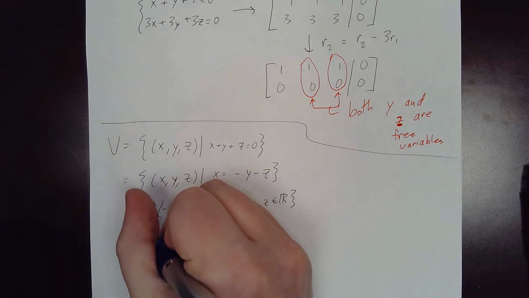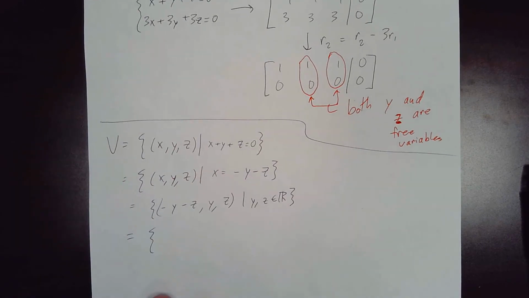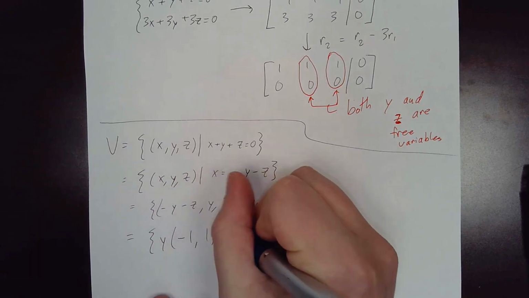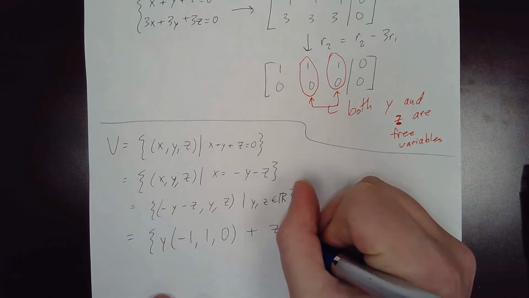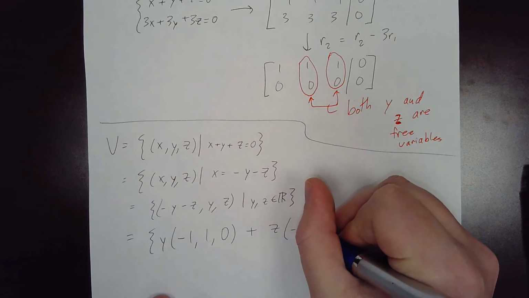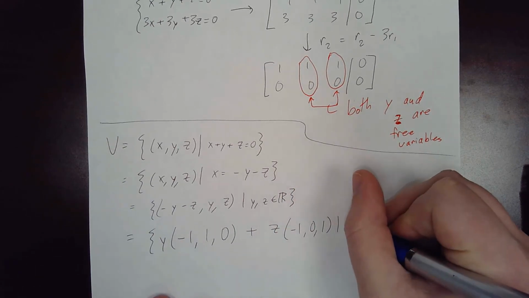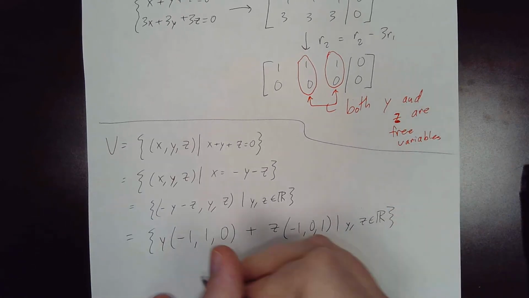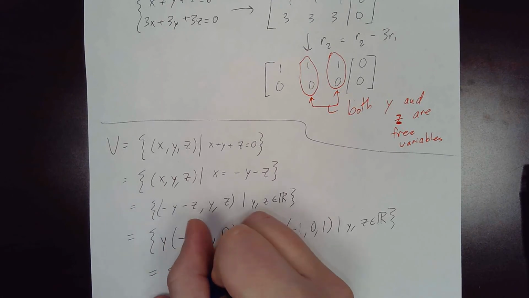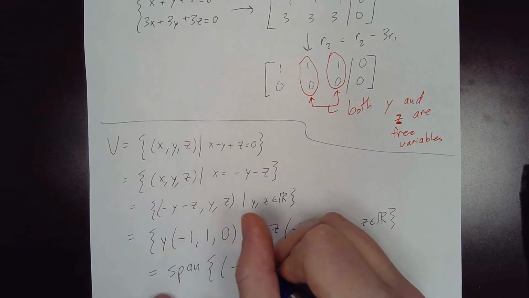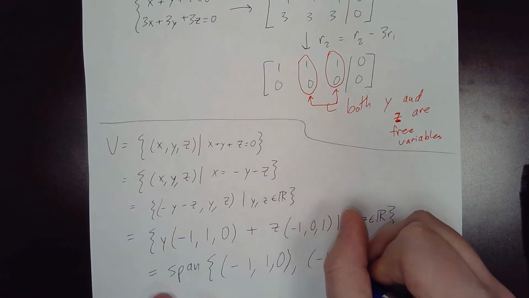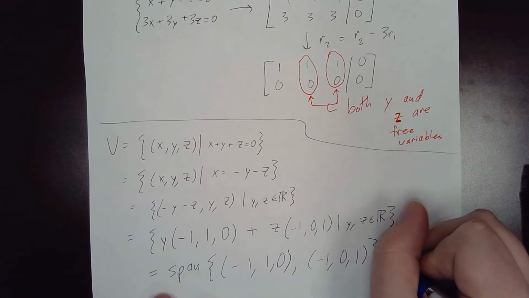This can be rewritten to break it down into a y part and a z part. So we've got y times (negative 1, 1, 0) plus z times (negative 1, 0, 1), such that y and z are in the real numbers. And this is our definition for the span of (negative 1, 1, 0) and (negative 1, 0, 1).